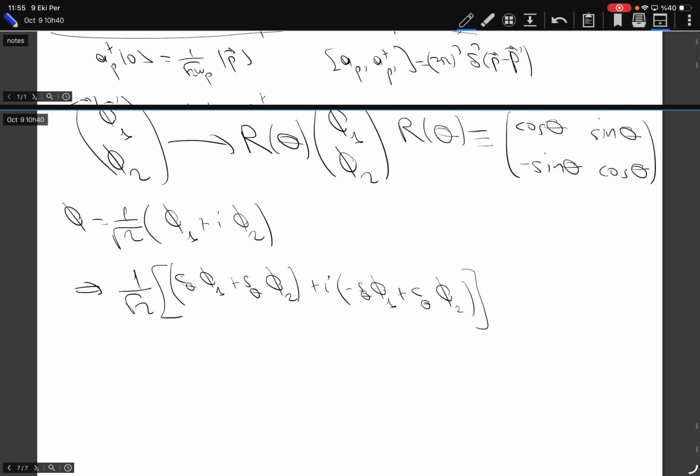Now, I would like to somehow simplify this. Let me say this is 1 over square root of 2. The terms proportional to cosine theta will be phi1 plus i phi2. And the terms proportional to minus i sine theta will be phi1 plus i phi2.